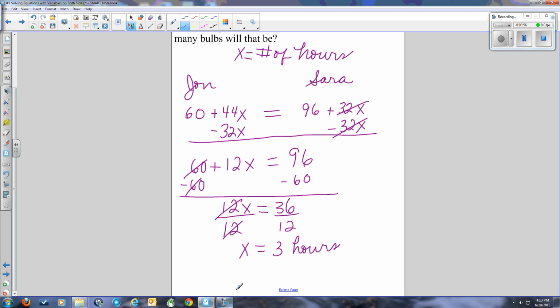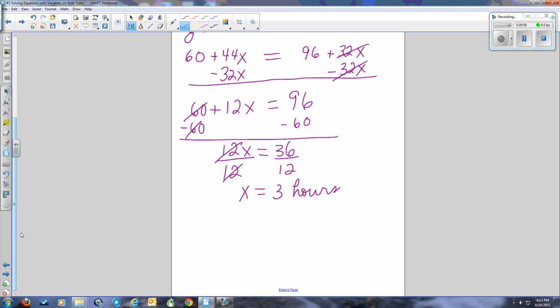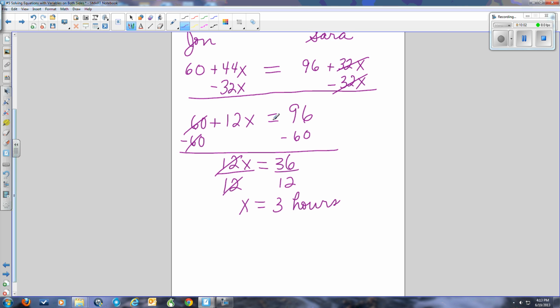Now, since they both planted the same number of bulbs, it asks us how many bulbs will that be. So since they're going to be the same, you could take either expression for John or Sarah and plug in that 3 hours. So for instance, if you take this expression, 60 plus 44x, you're going to plug in x equals 3. So you're going to say 60 plus 44 times 3.